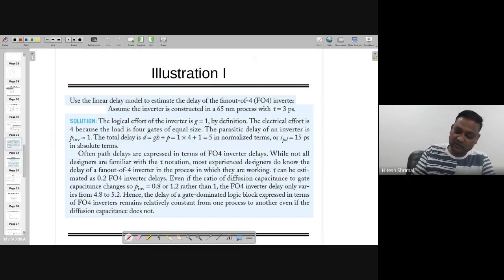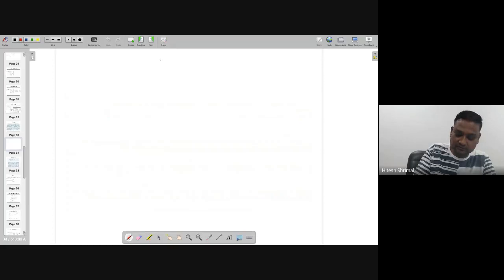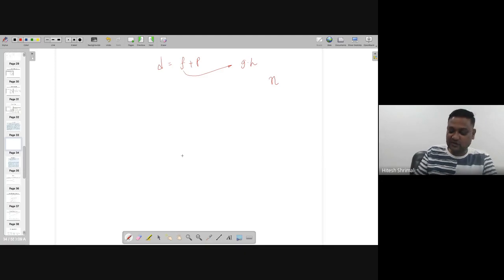What the linear delay model says is D equals F plus P, where F is nothing but G times H, and P is the parasitic delay, which we know depends on the number of inputs. If it is a 2-input NAND gate, then N equals 2, so the parasitic delay is also equal to 2. So it depends directly on the number of inputs.